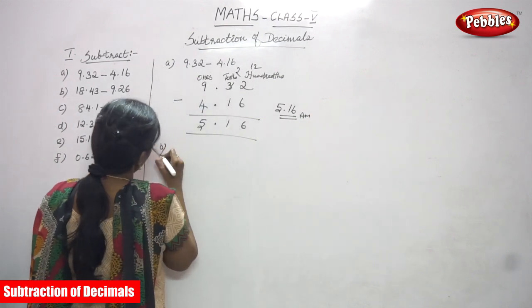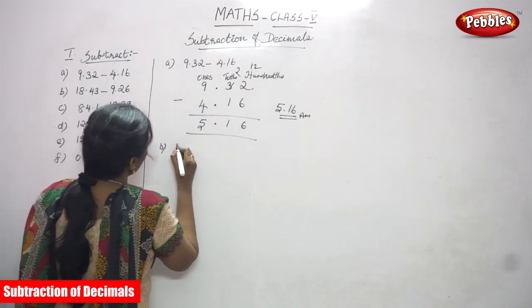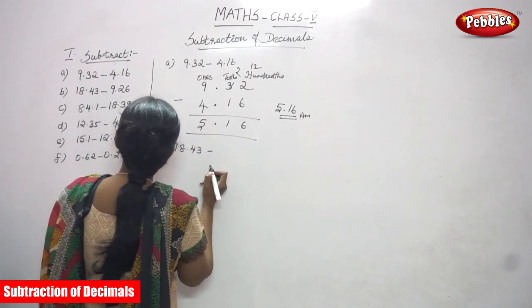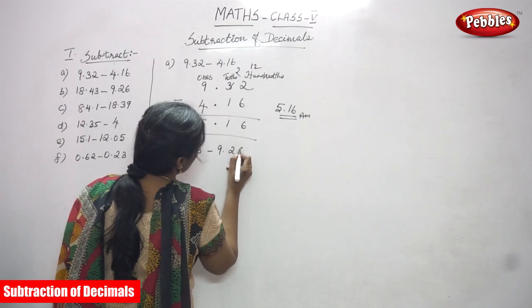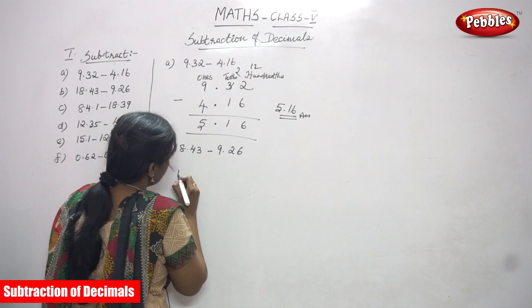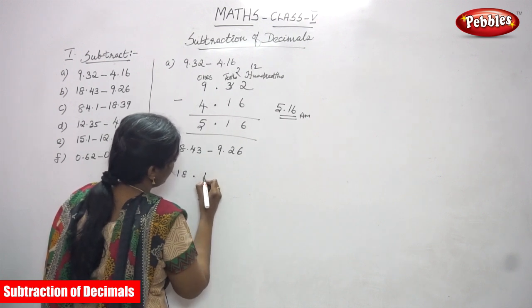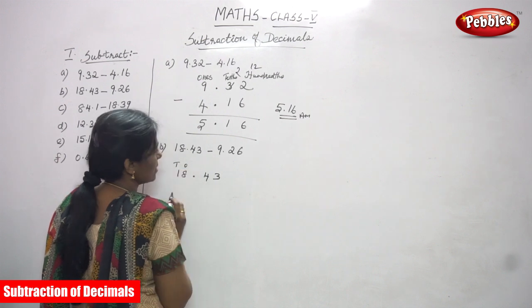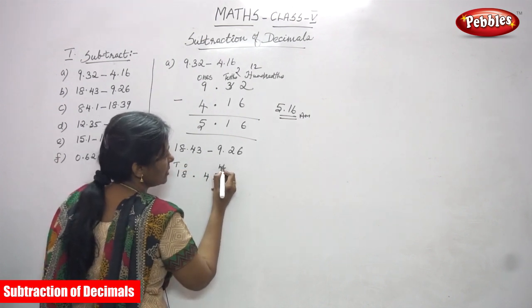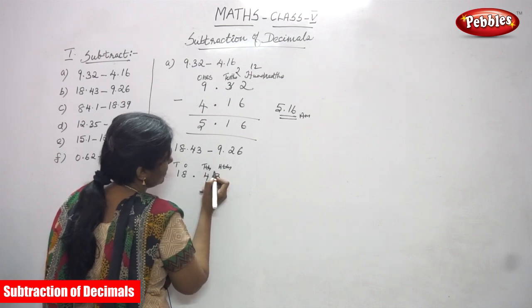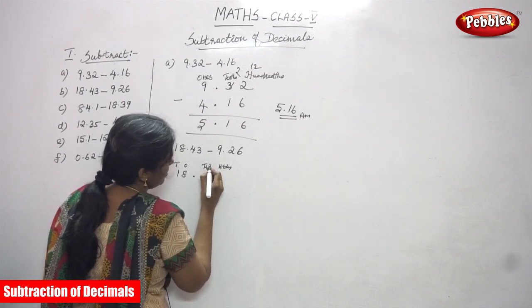Next question. B question. We have to solve the next problem: 18.43 minus 9.26. So 18.43: this is ones and this is tens. This is hundreds, this is tenths, this is the decimal part.